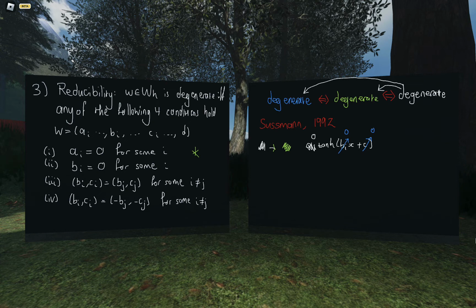So if those tanh functions with different weights are linearly independent, it means there's no non-trivial linear combination of them that adds up to zero. Because that's the definition of linear independence. So these different things that I'm dancing around here are related.